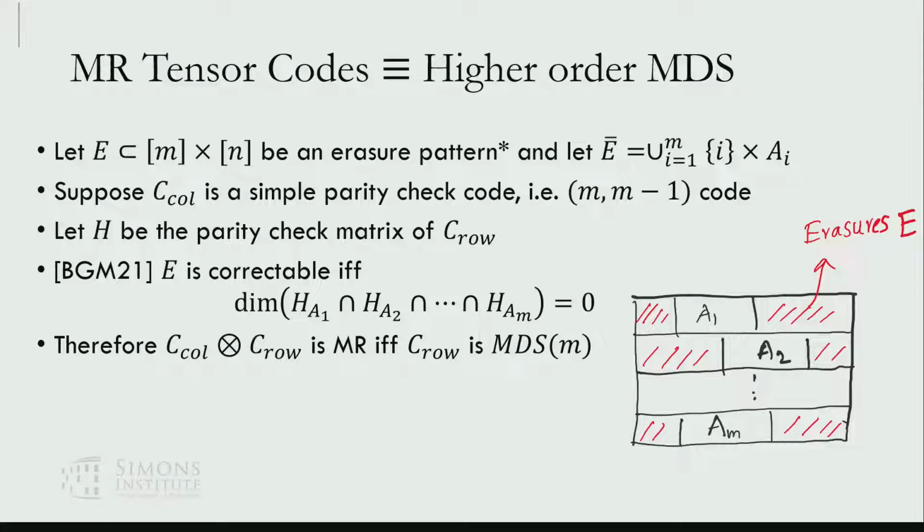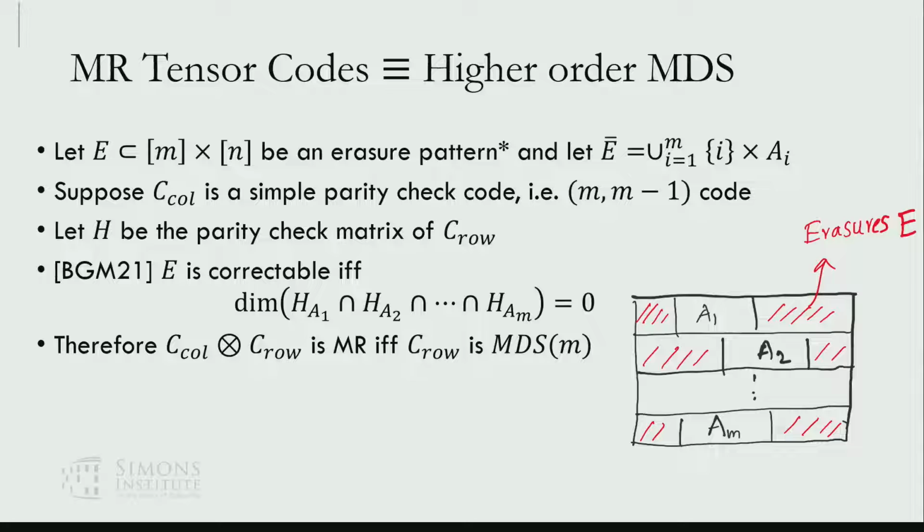Let's say the codewords are Y1, Y2 to YM. So the support of YI is in AI complement. These Y's are in the original code, in the row code, so H YI is 0. And YI is supported here, so I can write YI is in the perp of HAI.